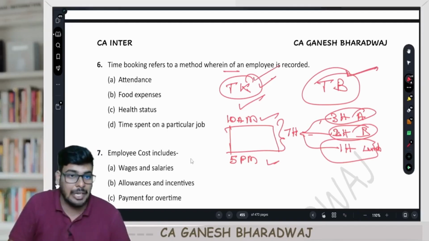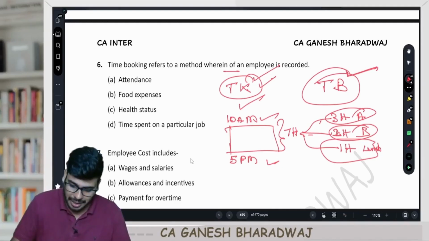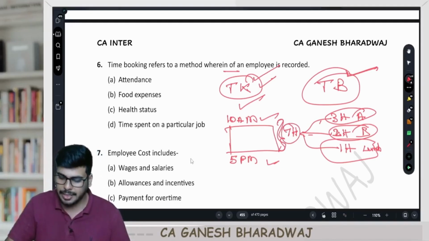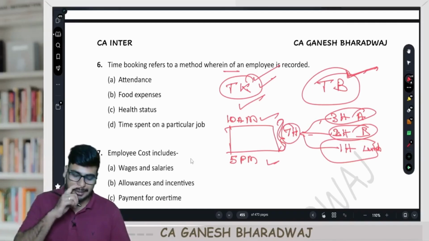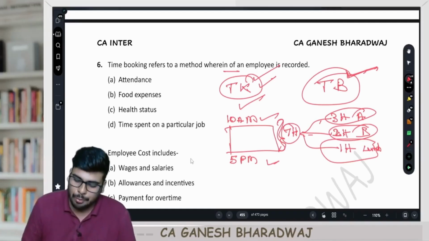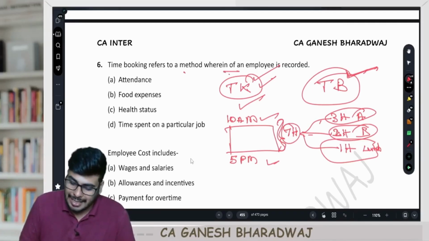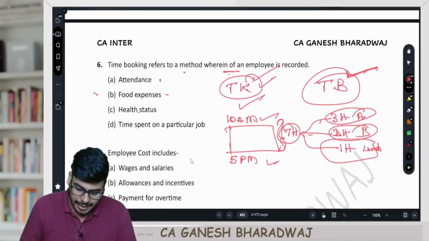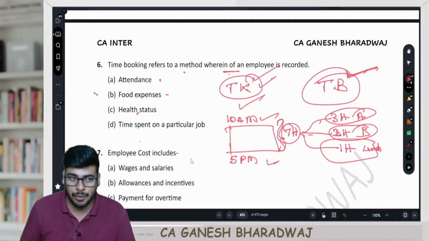Based on time keeping, you pay the overall wages for the hours spent in the factory. Where I have spent the time is captured under time booking. So, time booking refers to a method wherein dash of an employee is recorded: attendance or food expenses, health status, or time spent on a particular job?